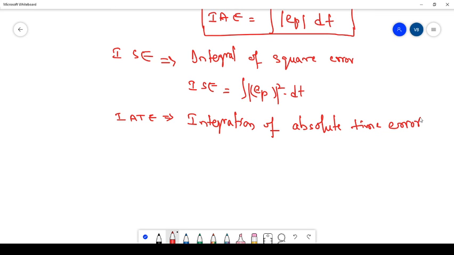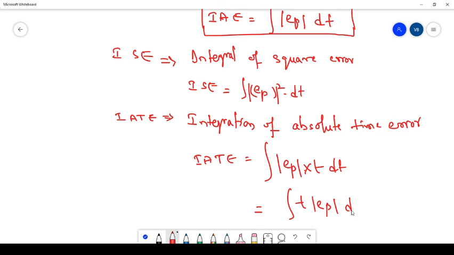Let us take ITAE. How are we going to write it? Integration of absolute, we take mod EP into time, multiplied by t dt. Or you can write it this way also: t into mod EP dt.